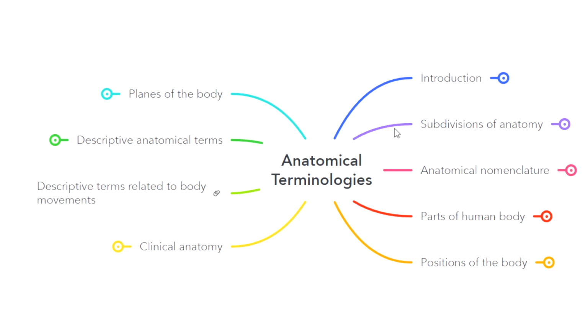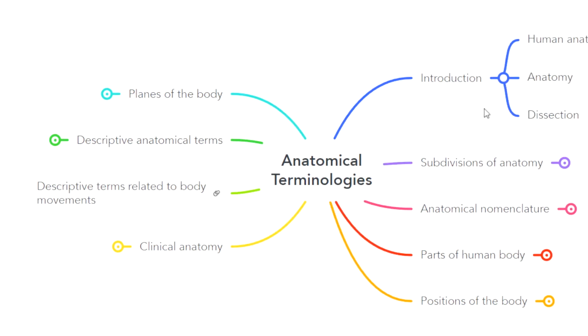Okay. So what we discussed under anatomical terminologies is, under introduction, we discussed human anatomy, what is anatomy, what is dissection, what it means, and where the terminologies were derived, which is from Greek and Latin.